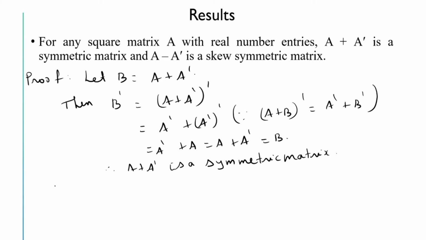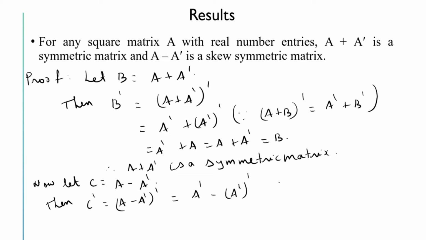Now let us take C equal to A minus A transpose. Then C transpose is equal to A minus A transpose, the whole transpose. This is equal to A transpose minus A transpose, the whole transpose, since we saw in the properties of transpose of a matrix, A minus B the whole transpose is equal to A transpose minus B transpose.